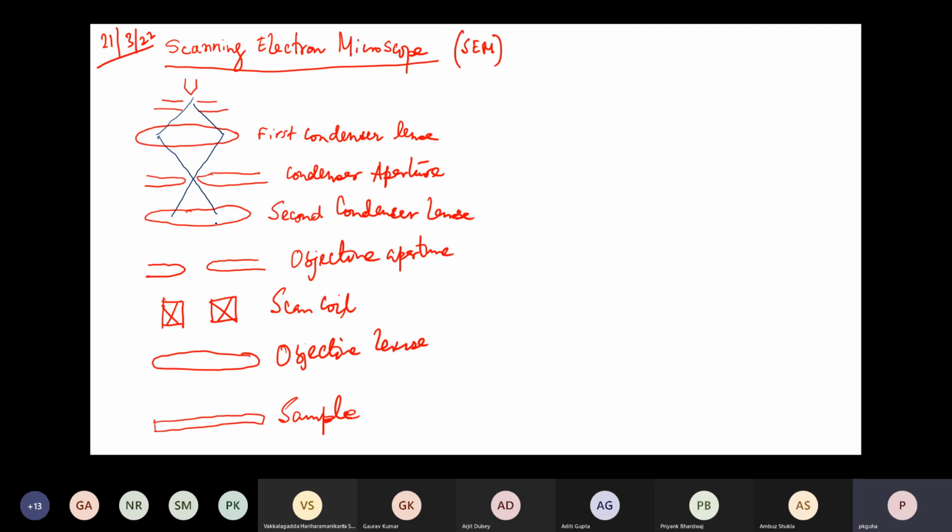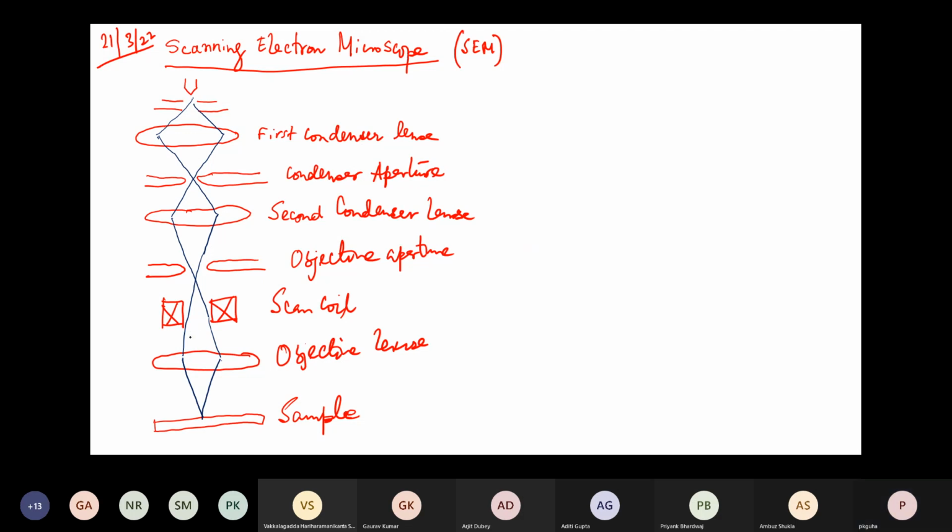Then again it will be focused by the second condenser lens. Then again with the objective lens, and then you focus it on the sample.